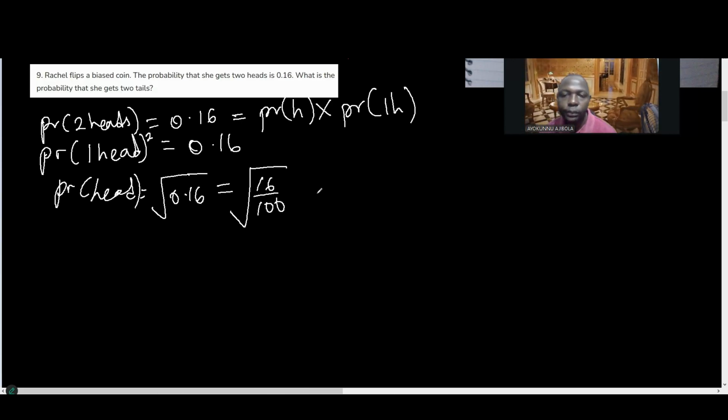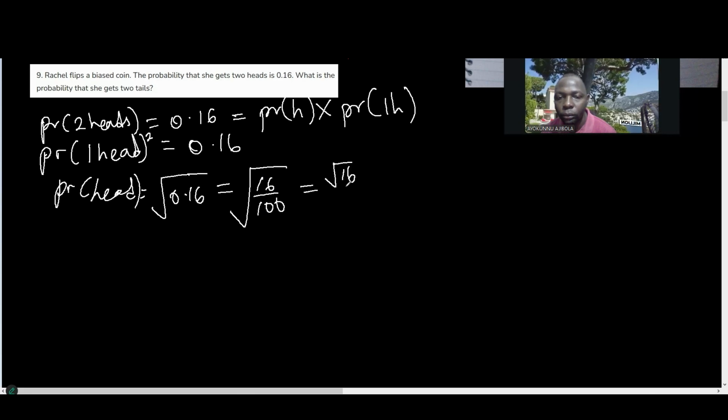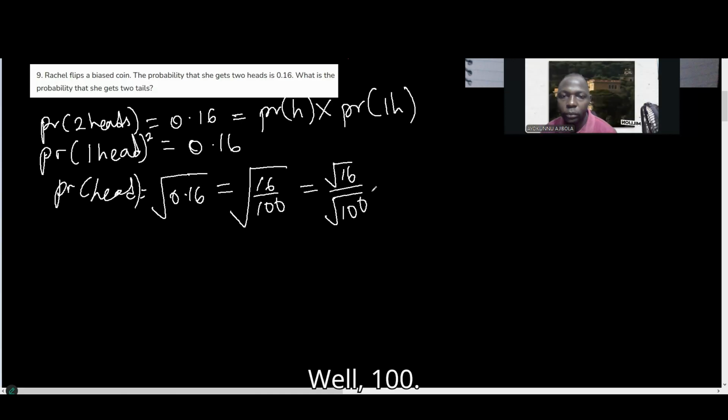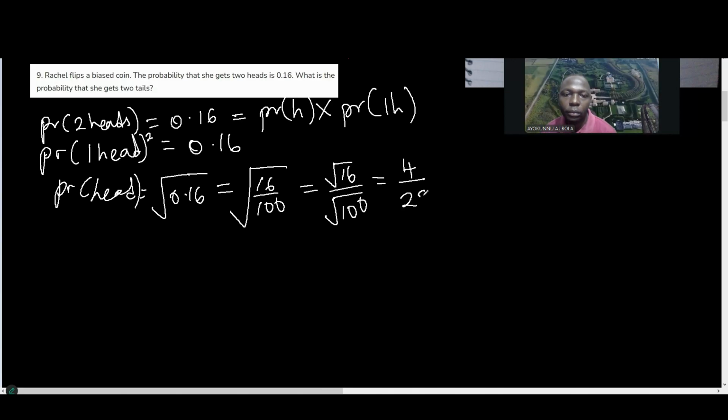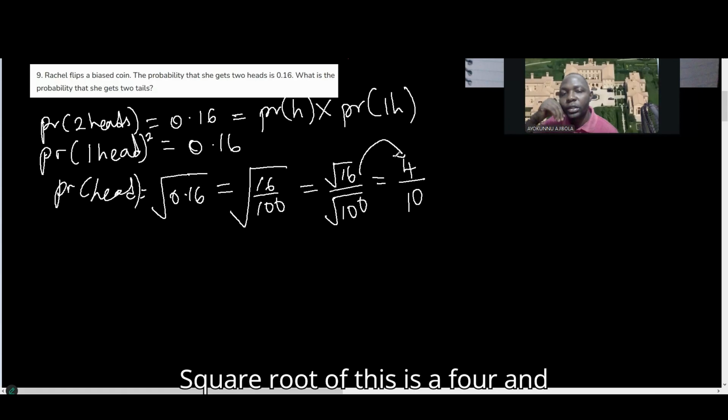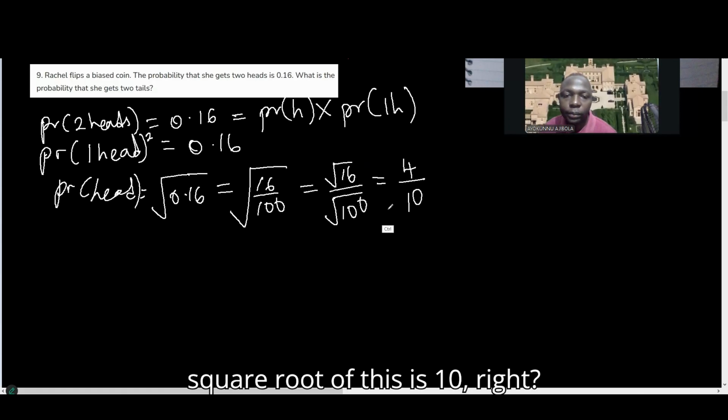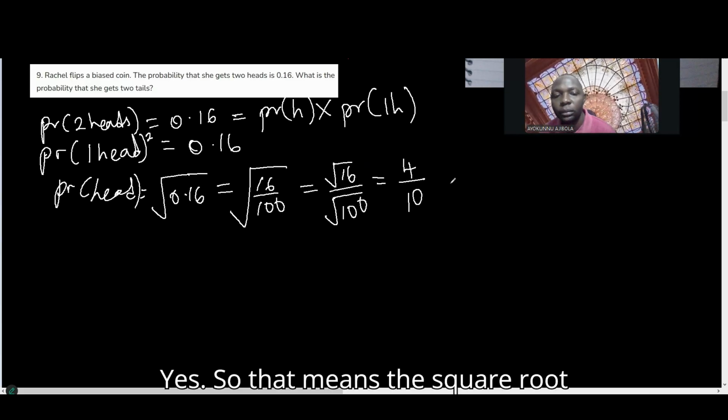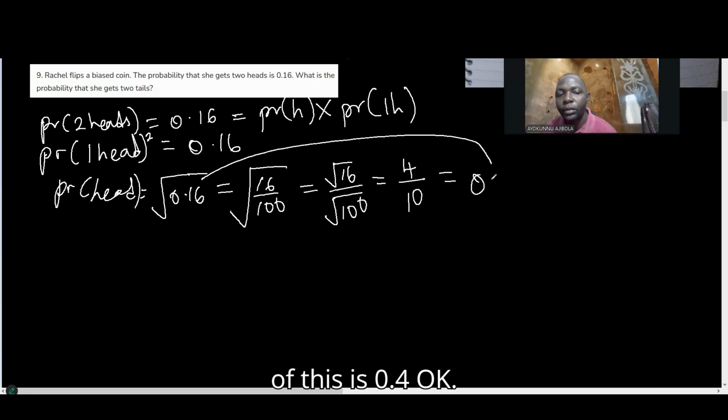The square root of this is 4, and the square root of this is 10, right? So that means the square root of this is 4 over 10, which is 0.4.